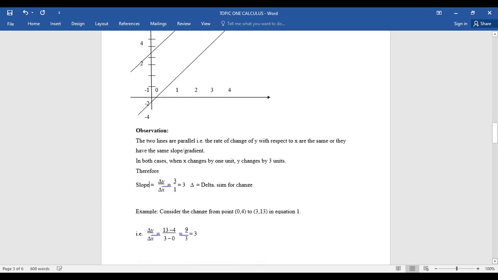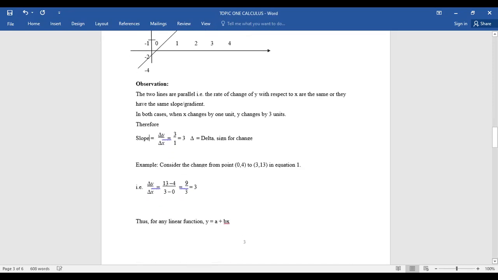That is for a linear function. So we can easily say for a linear function of the form y = a + bx, we know that y is the dependent variable, then x is the independent variable. And we normally say that a is the y-intercept, or where the line is cutting the y-axis, whereas b is the gradient.